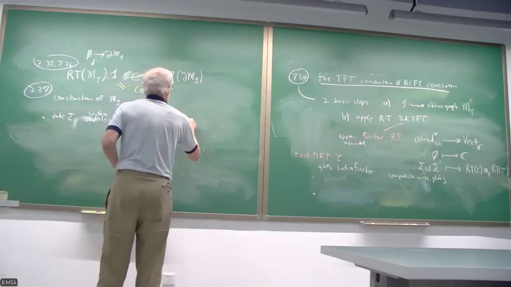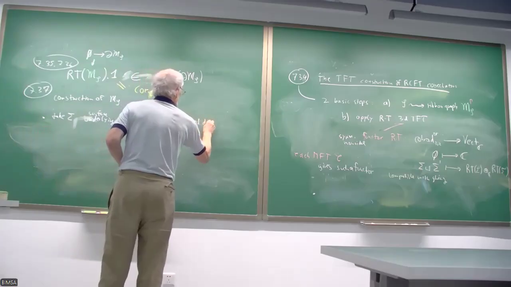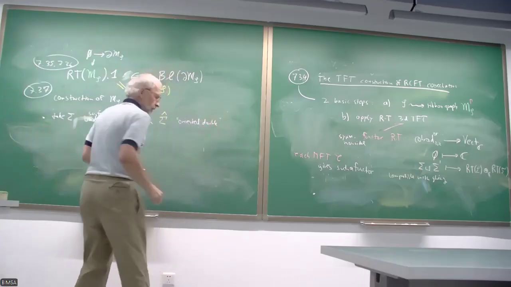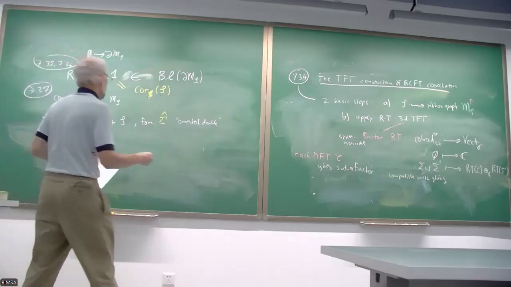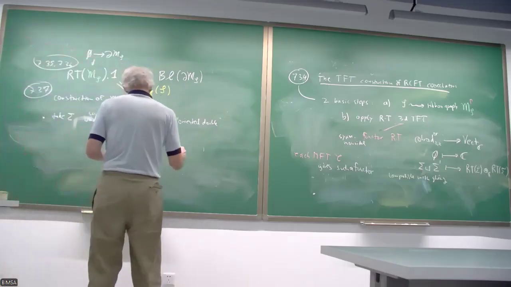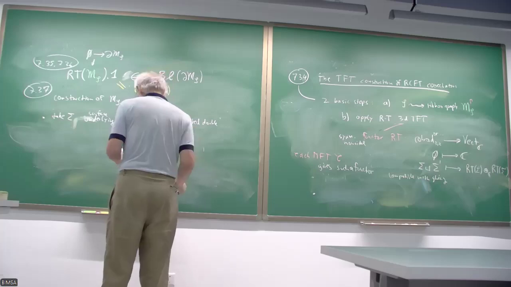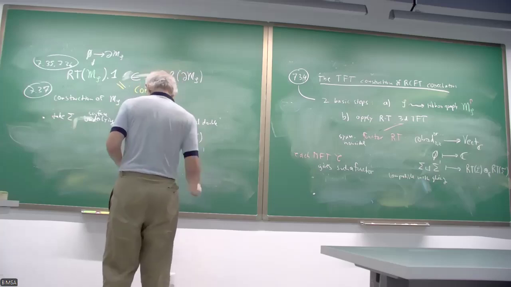And then we form what I call sigma hat, which is called the oriented double. There's a general description. You take what is called the orientation bundle of sigma.